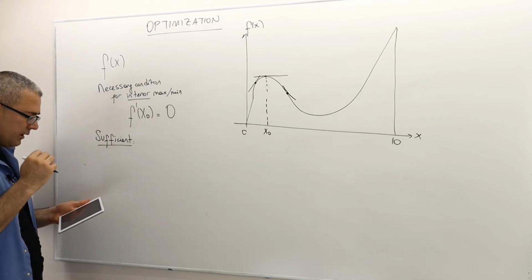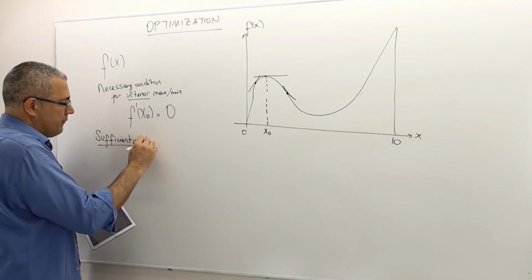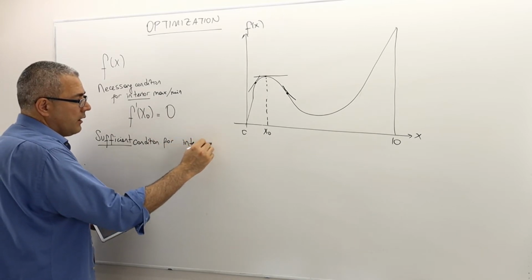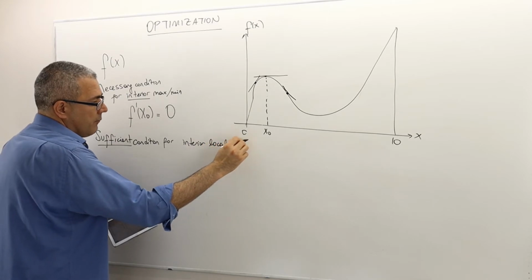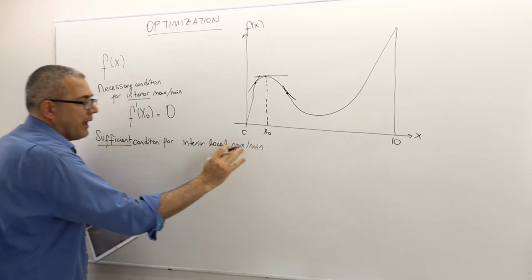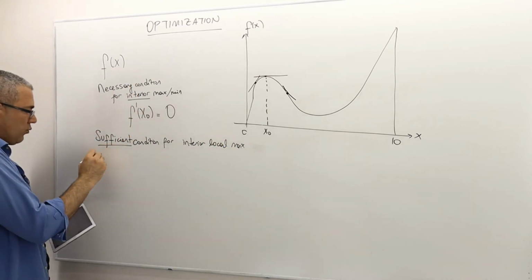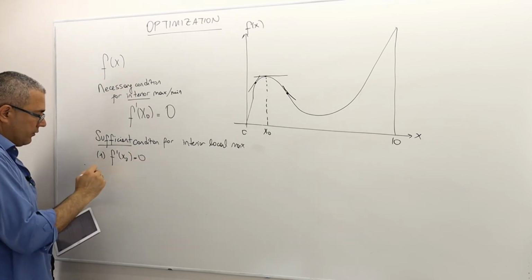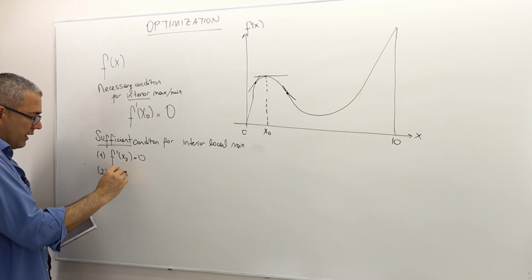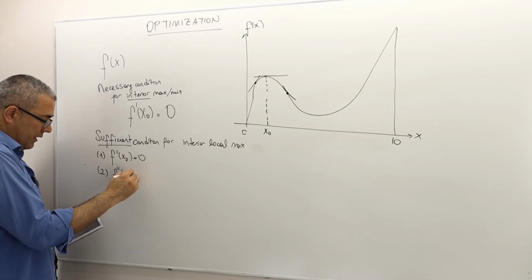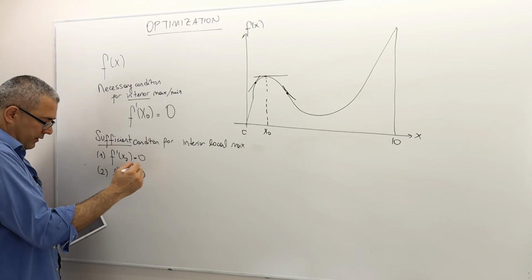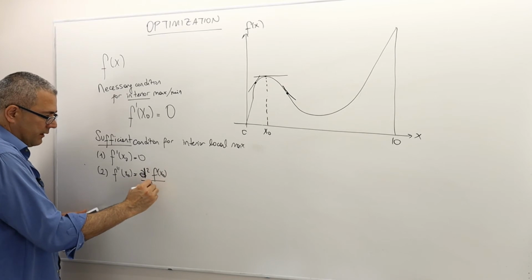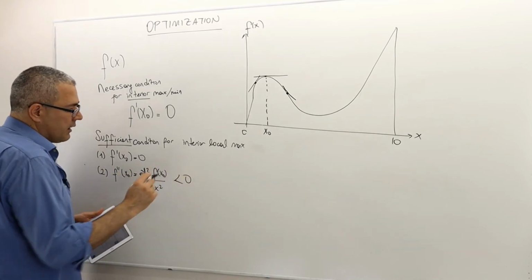But the sufficient condition for an interior local max is the following: first, the derivative of the function at this point has to be equal to 0, and the second derivative at this point, which we denoted d square f of x naught divided by dx square, has to be less than 0.